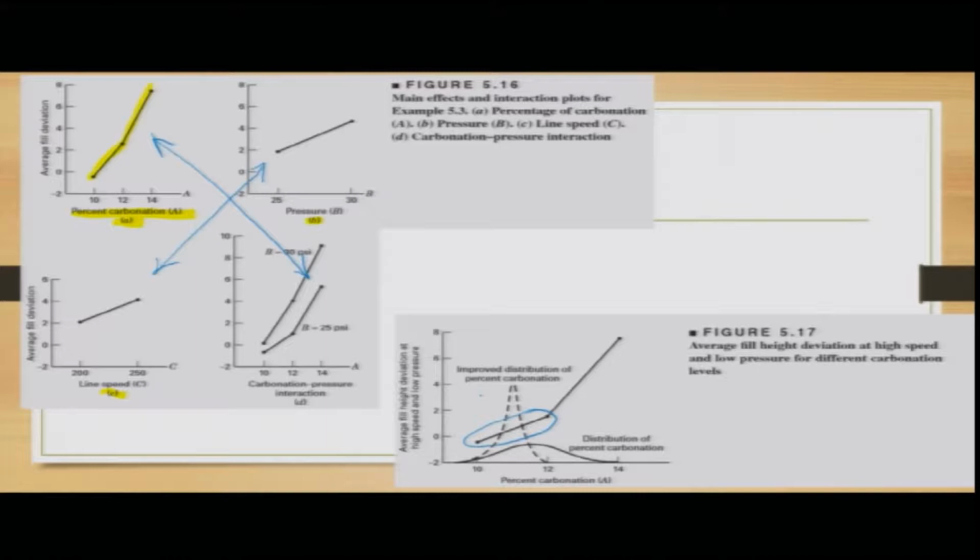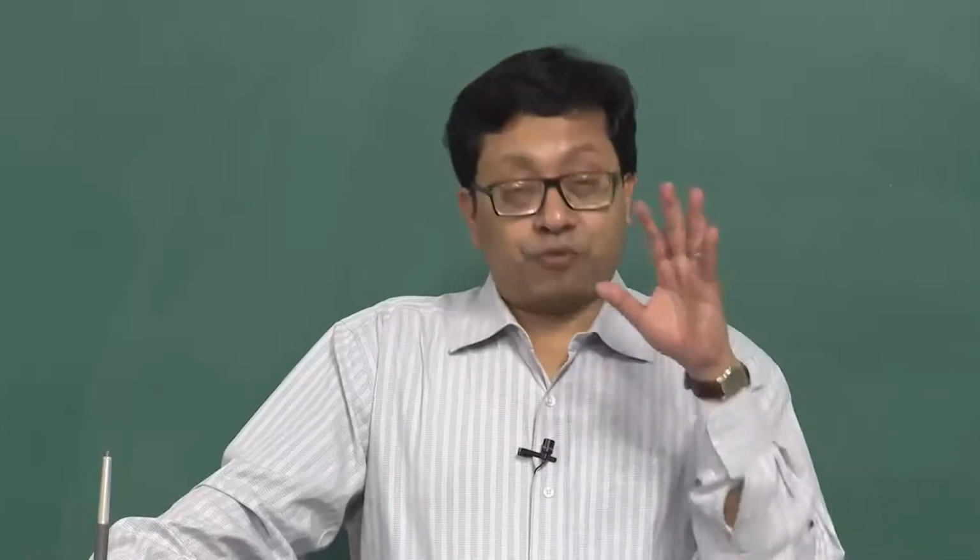So, we try to find the best combinations of these three factors, which will give the maximum amount of throughput. Throughput means the average, and if our concern is to reduce the deviation, obviously we will concentrate on the standard deviation and the variance.